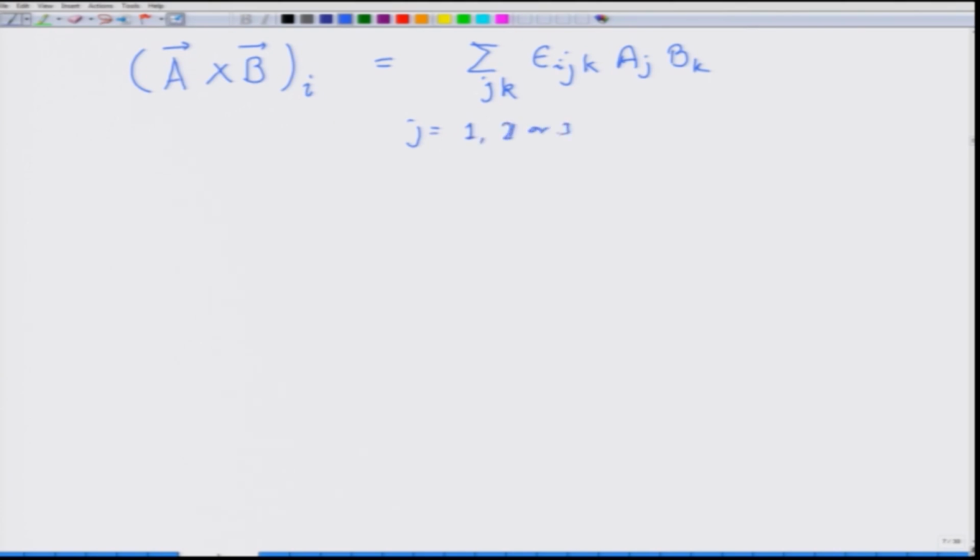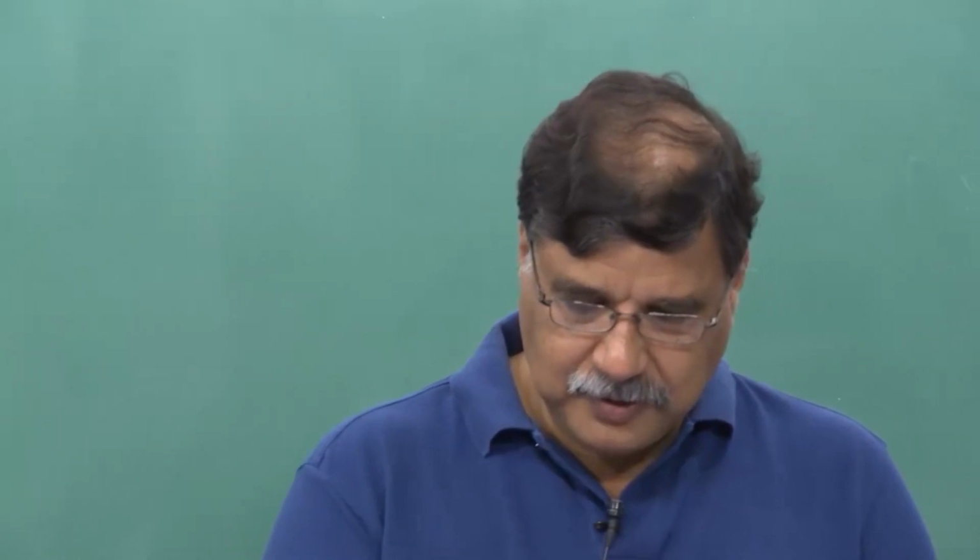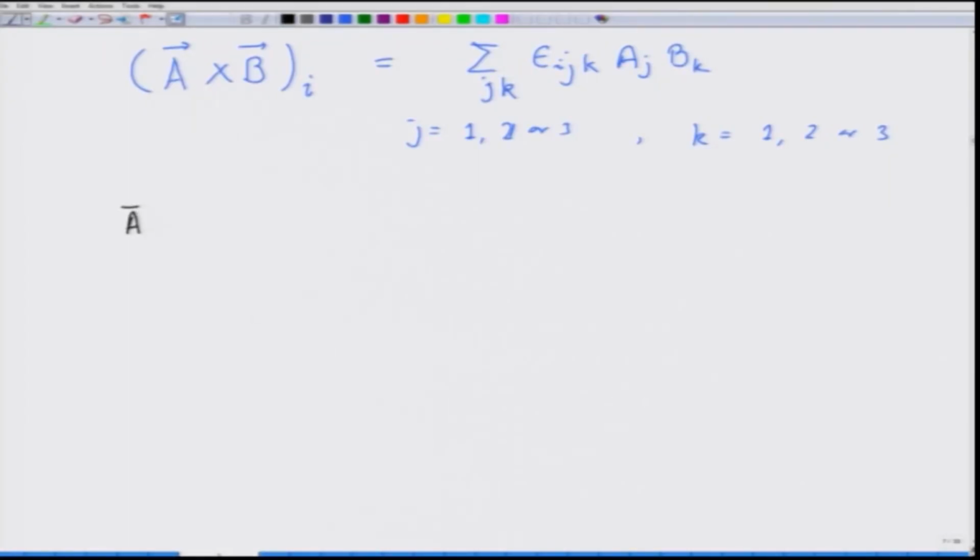So, I am going to sum over 1, 2 and 3, and k also equals 1, 2 or 3. Let us calculate A cross B component 1. That means I am going to calculate the x component, which is going to be summation j equals 1, 2 and 3, summation k 1, 2 and 3, epsilon 1 j k a j b k.